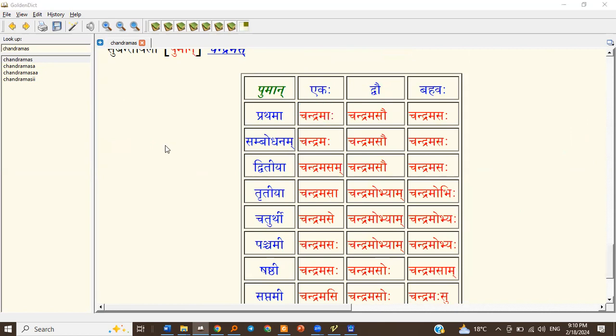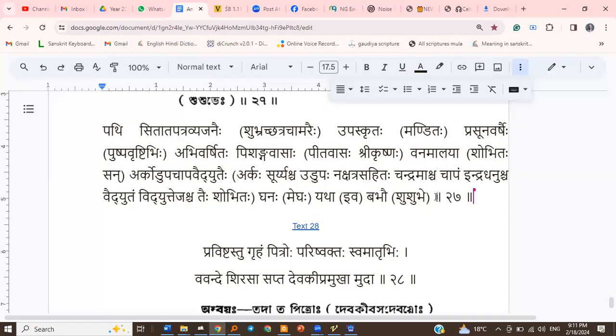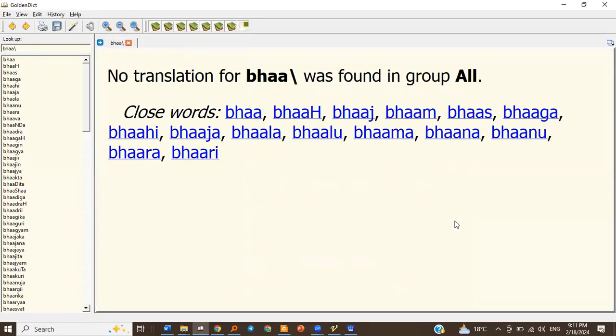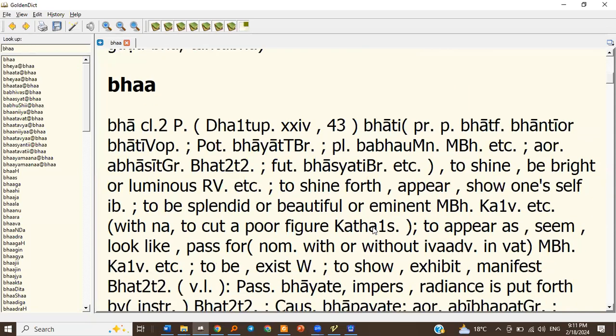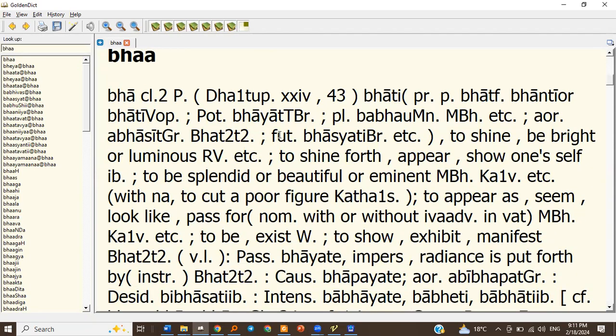And Babhu is from the dhatu bha. It's the adhokshaja form, 1-1. Like from the da dhatu becomes dadau, he gave. So from bha we get Babhu here.